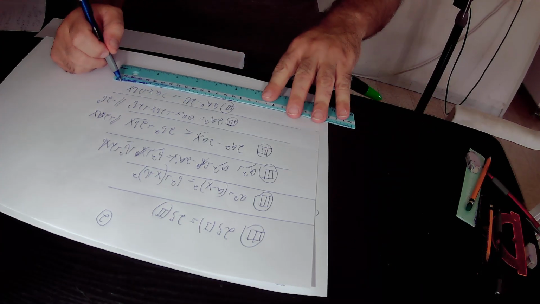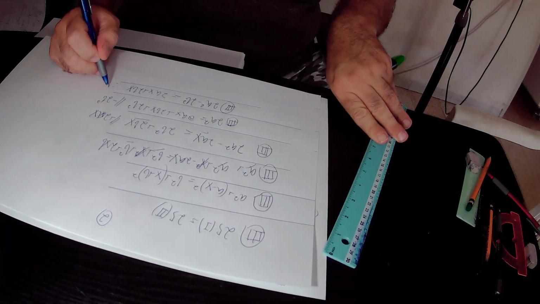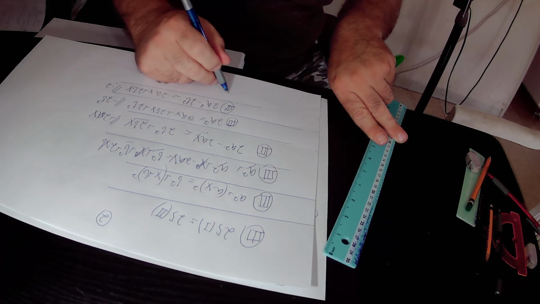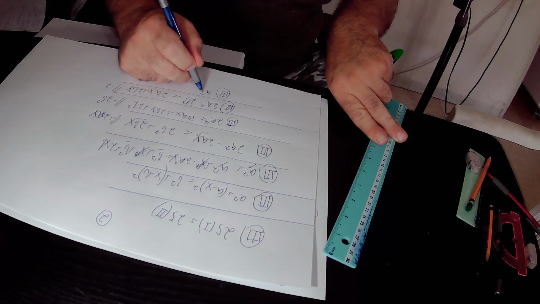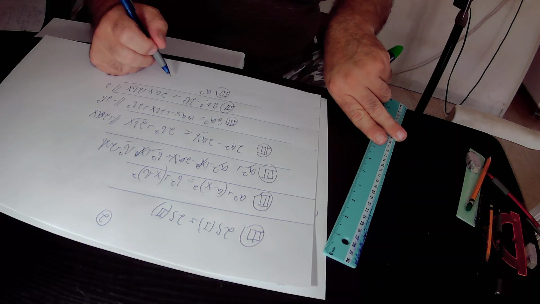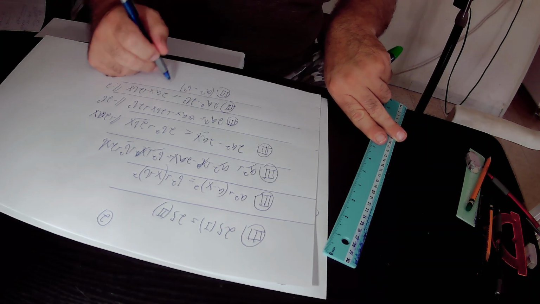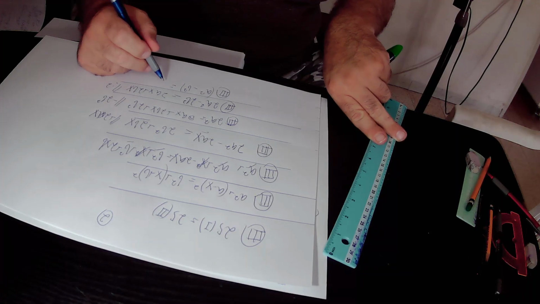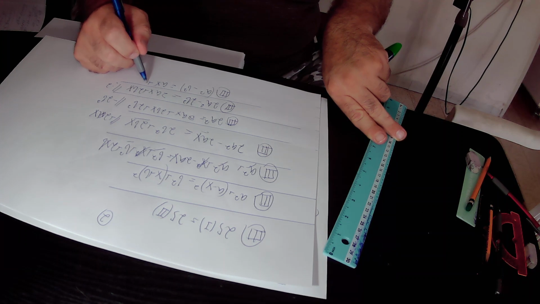So here we will divide this equation 3 by 2, and we get that according to equation 3, 2a squared over 2 is a squared, minus 2b squared over 2 is minus b squared, and it is equal to 2ax over 2 is ax, and 2bx over 2 is bx, so it is ax plus bx.